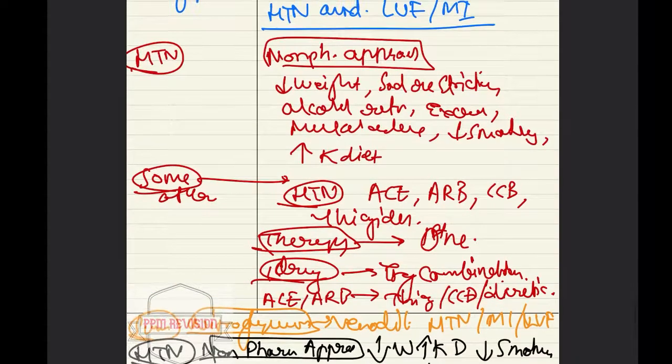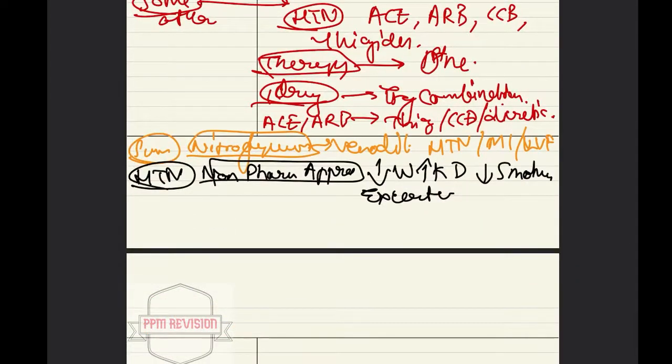We also spoke about the classes of drugs that can be administered. They include, as we discussed earlier, ACE inhibitors, ARBs, calcium channel blockers. In case of therapy, firstly we try one class of drugs, and in case it doesn't turn out well, we can include a combination.